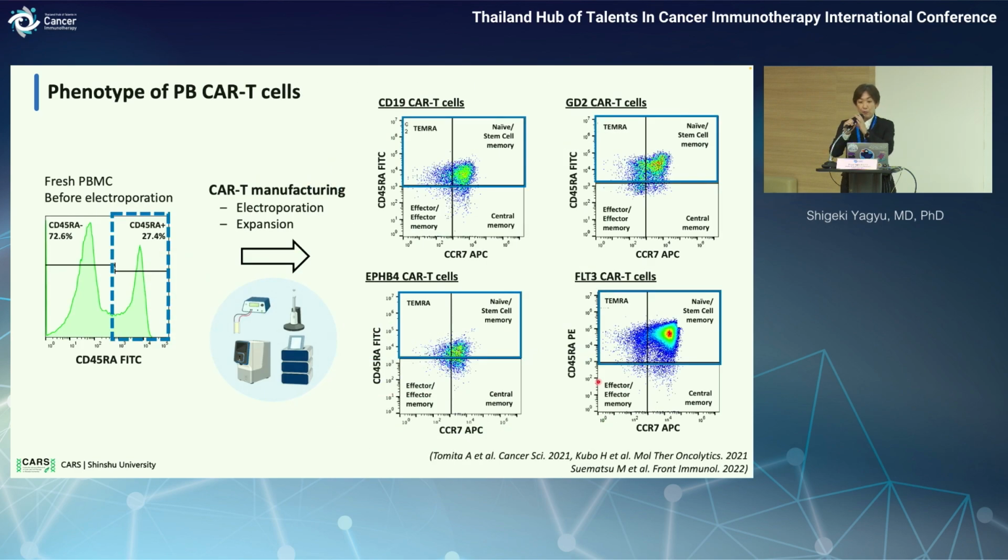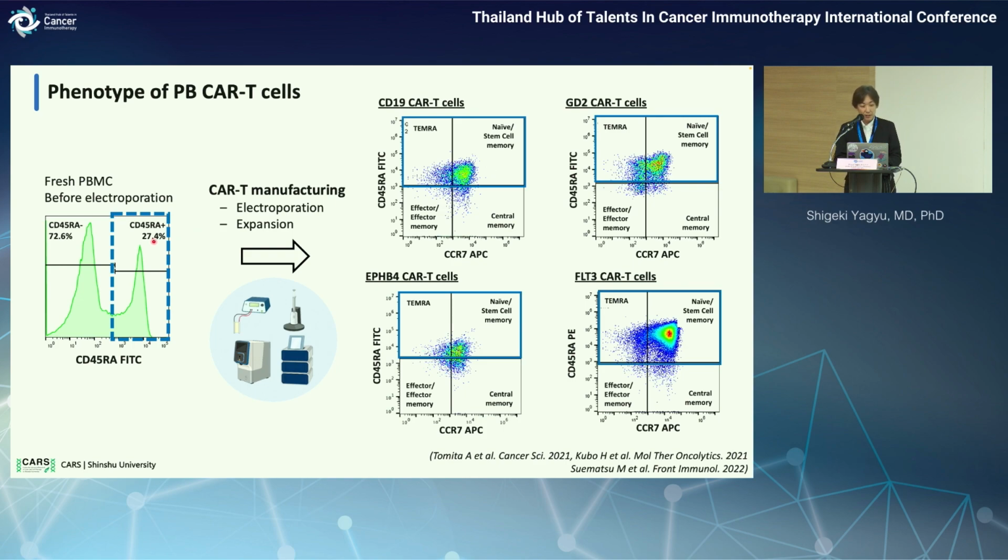Okay, so we have extensively investigated piggyBac HER2 CAR T cells with other targets, including CD19, GD2, EphB4, FLT3, and so on. And we got a consistent result with a high population of stem cell-like memory phenotype, with CD45RA plus and CCR7 plus fraction.